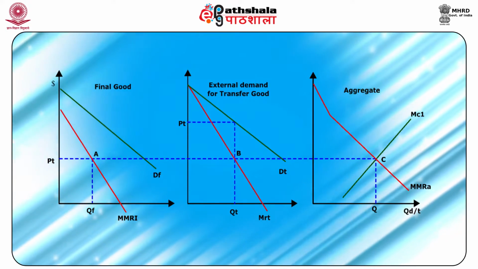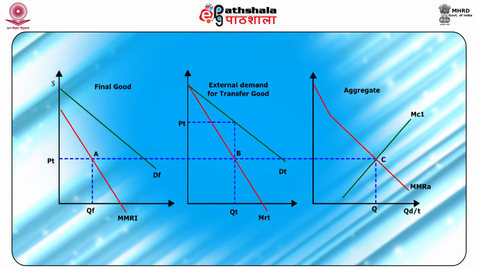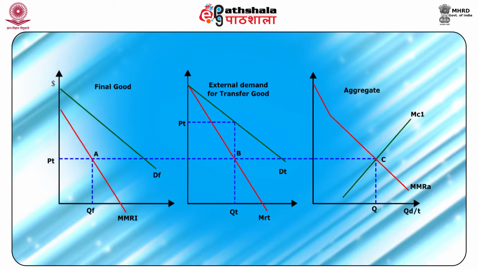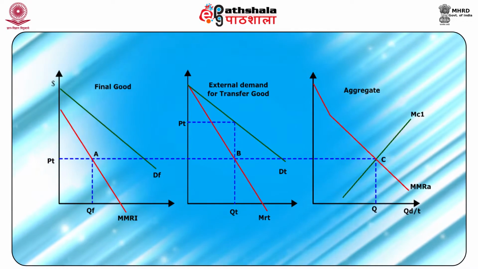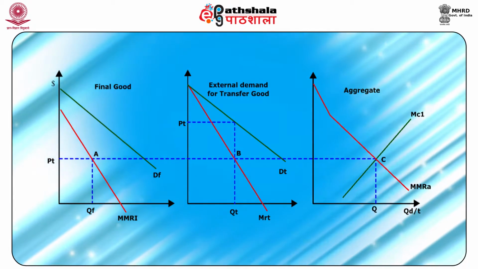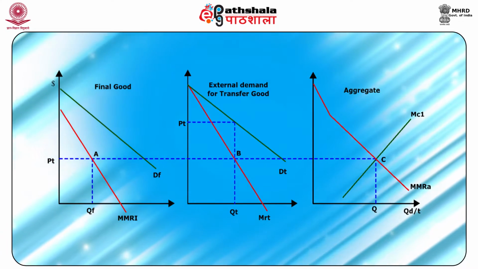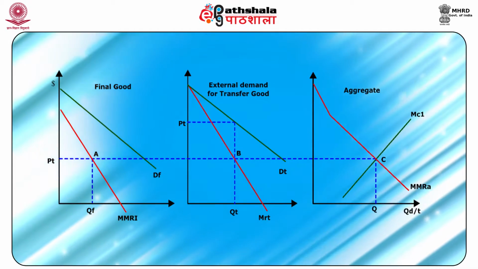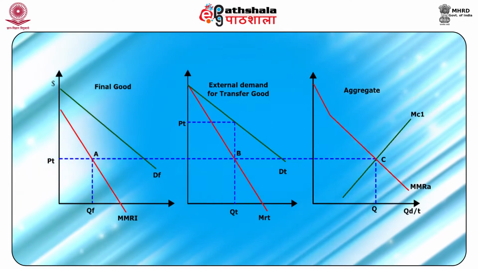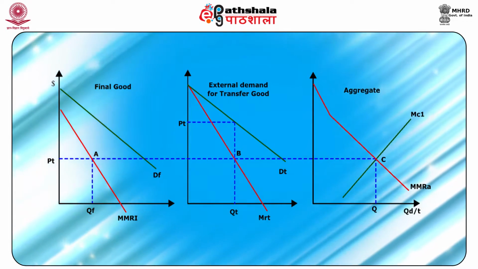Only the nature of the slope between these two curves is different. On the right hand side we have a steeper demand curve, and on the left hand side we have a flatter demand curve, and correspondingly the marginal revenue curves are also steeper on the right and flatter on the left.